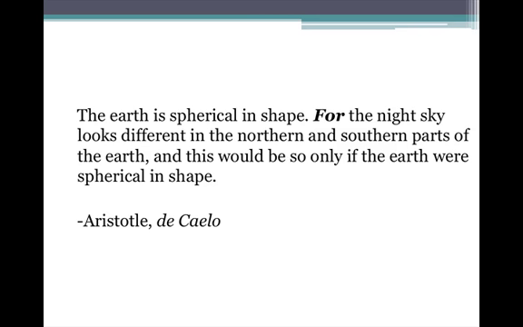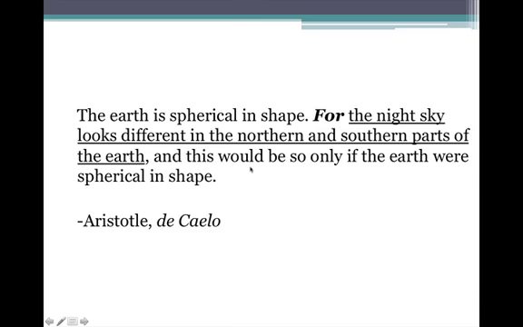Now that we found this word, let's take a look at what comes after. Does this plausibly look like a premise? The night sky looks different in the northern and southern parts of the Earth? Yeah, it does, because this claim can be used to support another claim that we've got here, namely, the Earth is spherical in shape. Of course, this claim doesn't do much supporting all on its own.